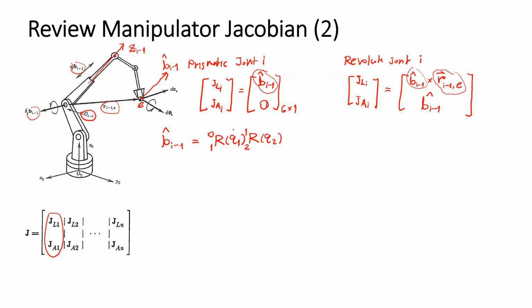Of course, whether q is theta or prismatic, it affects the rotational matrix. The rotational matrix will depend on the magnitude of theta 1 or the prismatic displacement d1, depending on the type of the joint and on the magnitude.